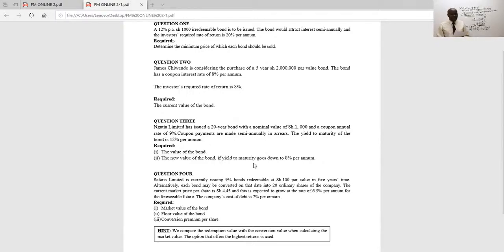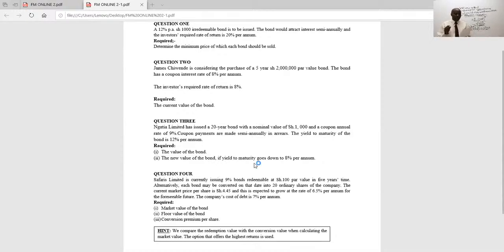Ngatia Limited has issued a 20-year bond with a nominal value of shillings 1,000 and a coupon annual rate of 9%. Coupon payments are made semi-annually in arrears. The yield to maturity of the bond is 12%.